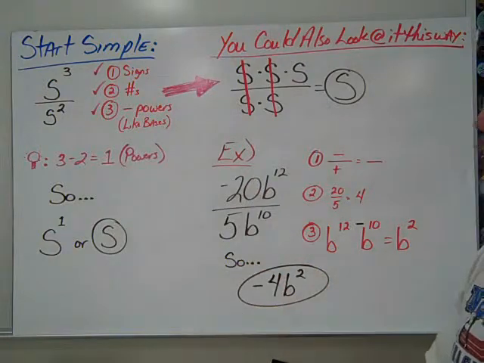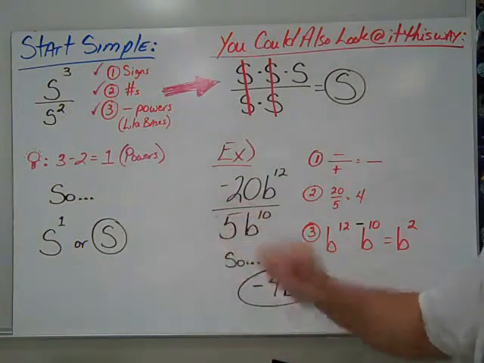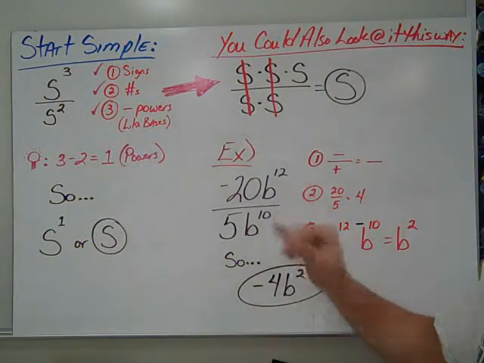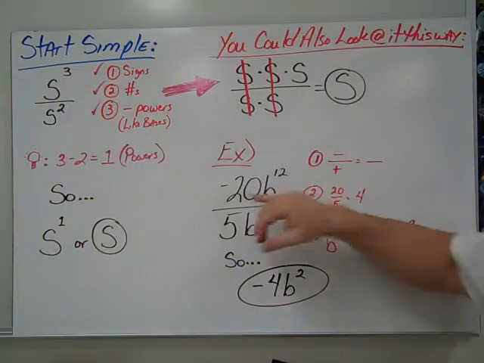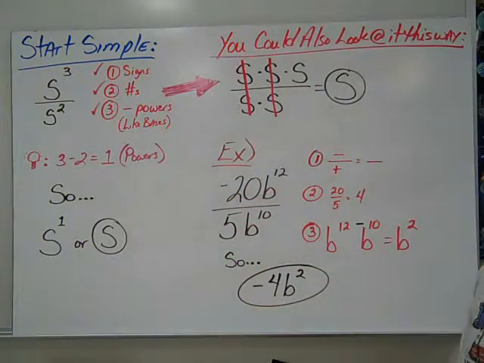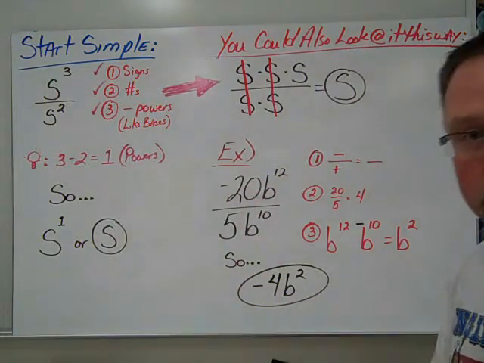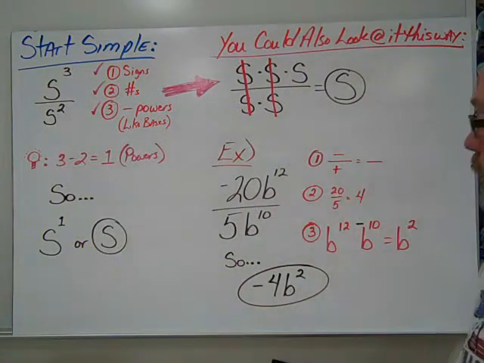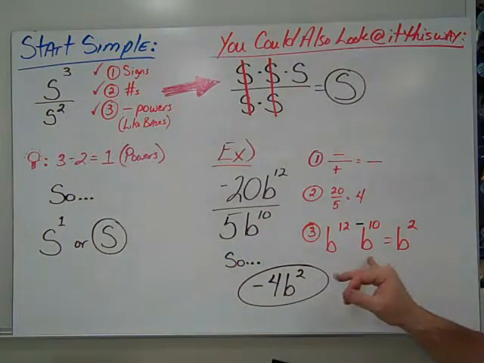So in our example here, if we throw everything at you, we have powers, we have numbers in front of the letters, but we have like bases and they have powers to them. Again, if we take a look at our signs, we are negative divided by a positive, which gets us a negative. Our second step, we're going to divide the numbers. So 20 divided by 5 gives us 4. Our third step is we're going to look at the powers on the like bases.